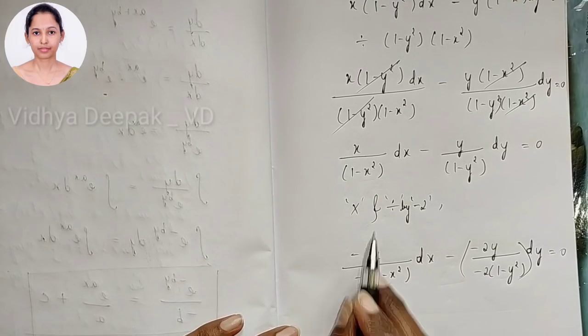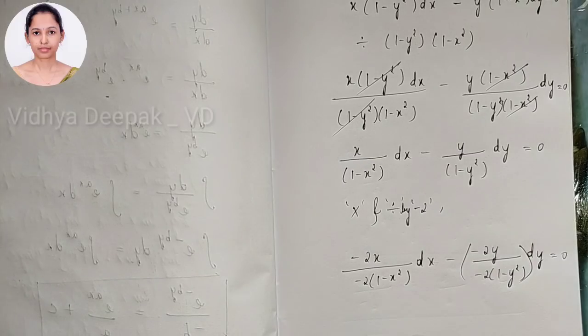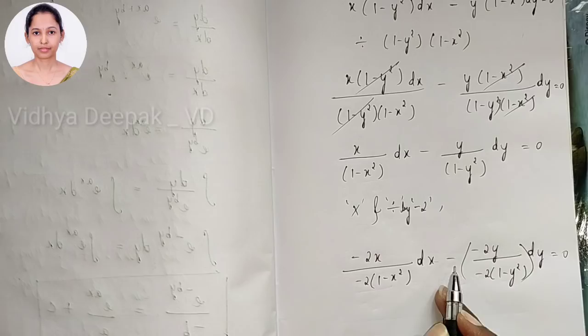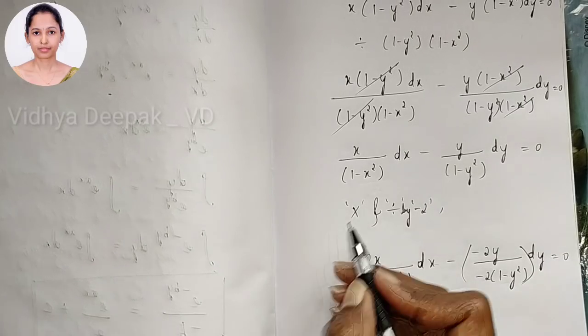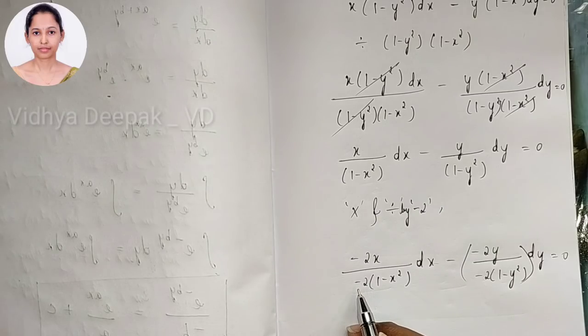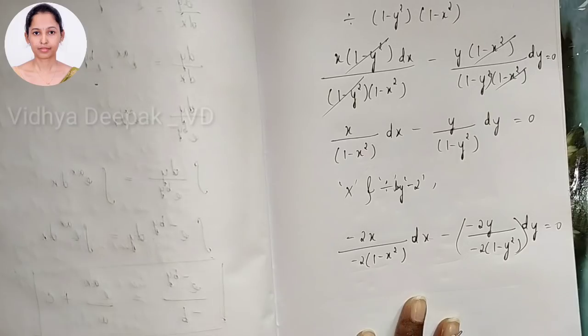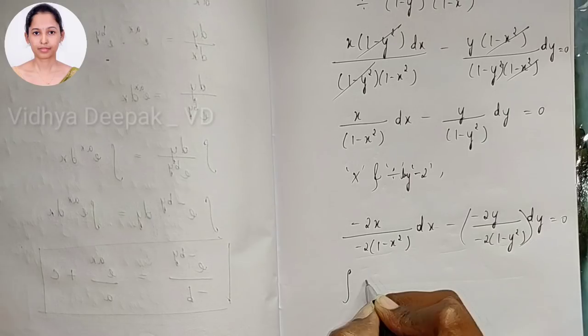You understood, right? Why are we multiplying and dividing by −2? In order to make the differentiation of the denominator be the numerator, we are taking −2.